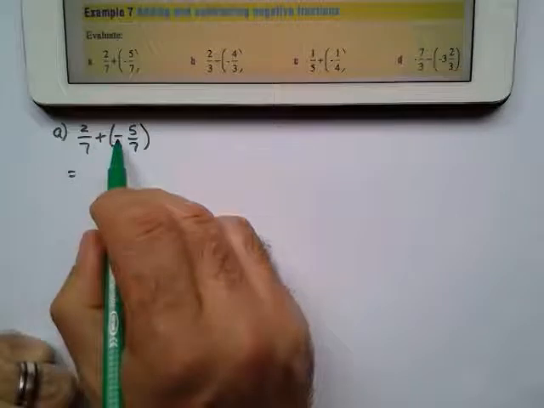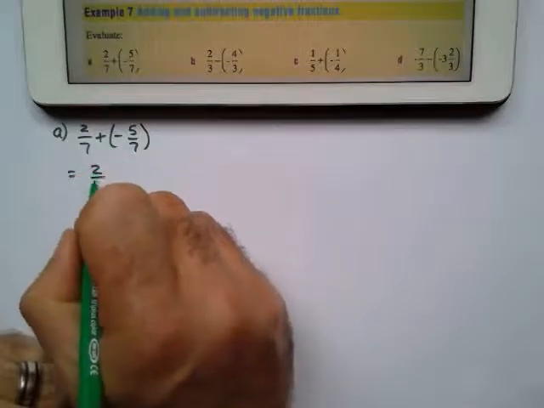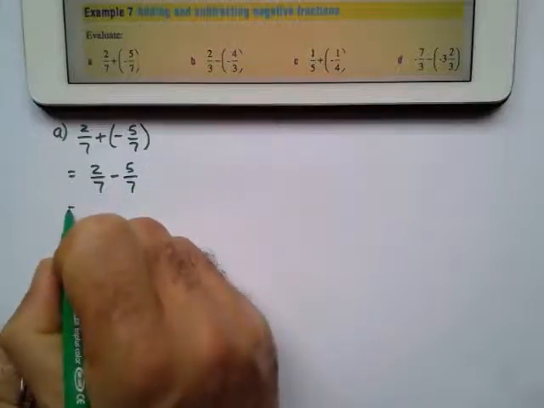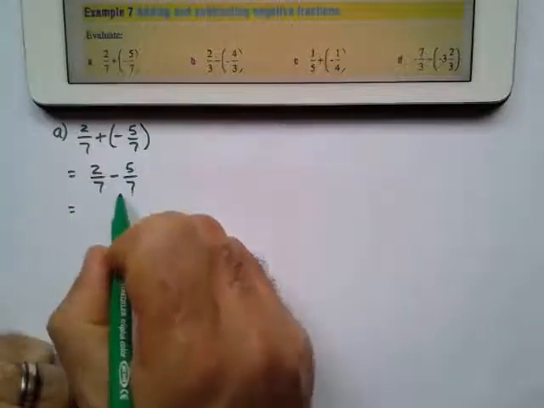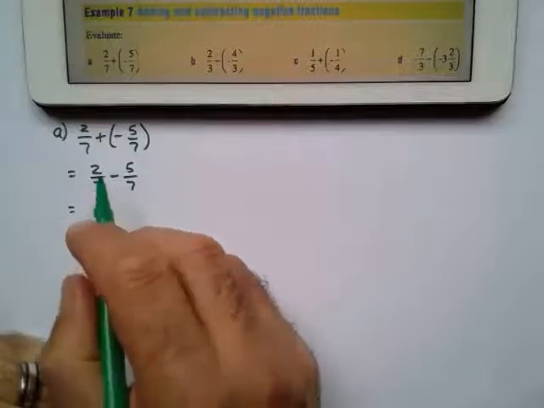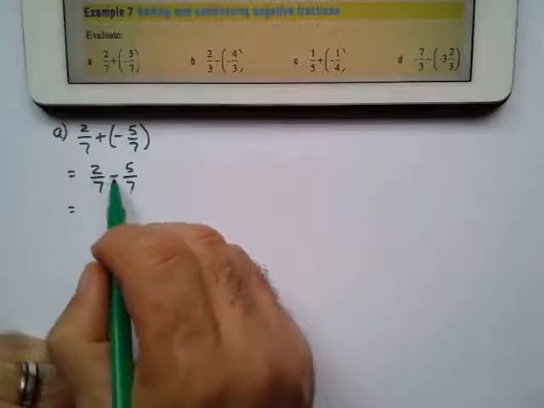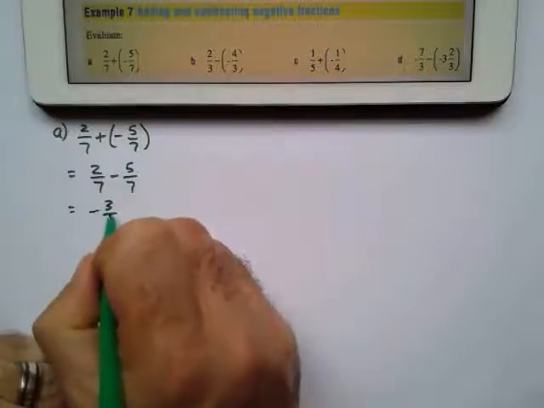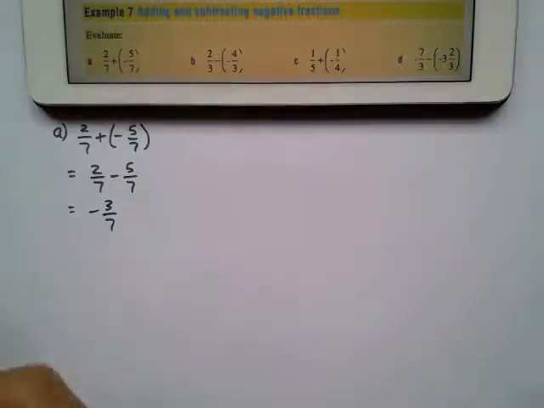A positive times a negative is a negative 5 over 7. I write it now as one fraction, my lowest common multiple. Because my denominator is already 7, I can just say 2 sevenths, take away 5 sevenths is negative 3 sevenths.